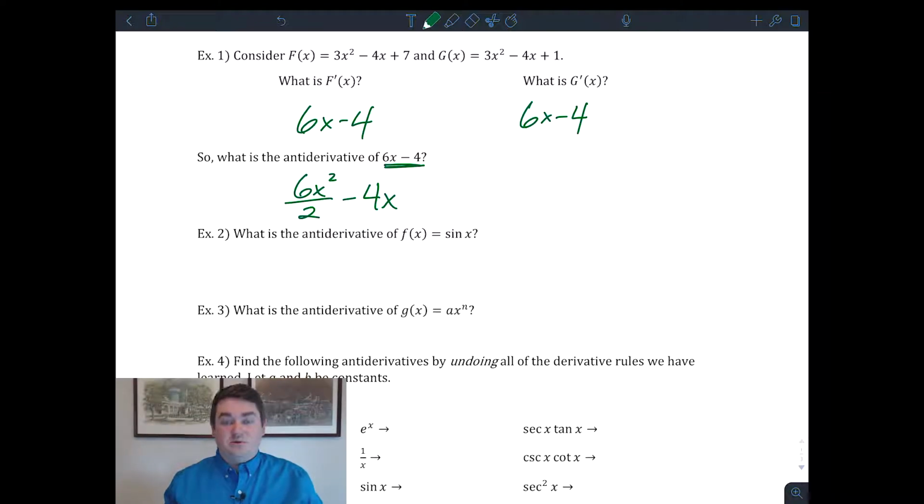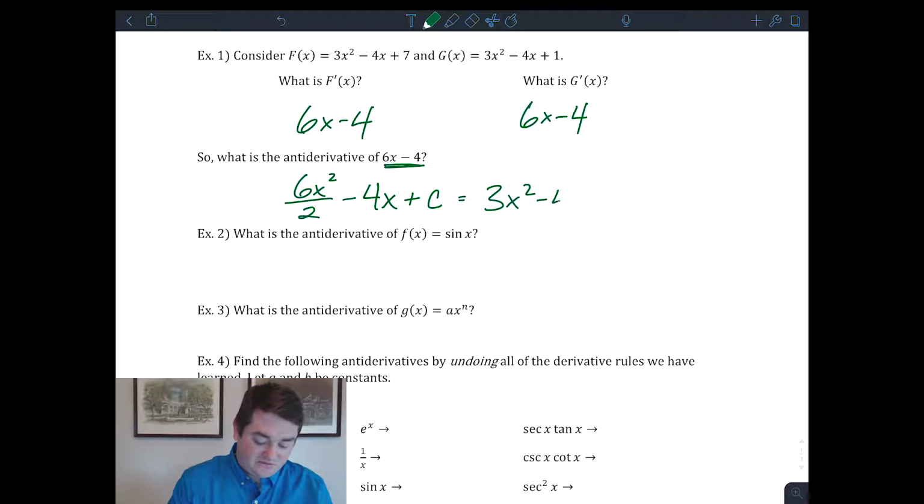And this is the important part. When you take an antiderivative, you have to account for the possibility that there was a constant that got lost. So I'm going to put plus c here to represent some constant that might have been lost in the process of taking the derivative. So to simplify this real quick, I'm going to have 3x squared minus 4x plus c.